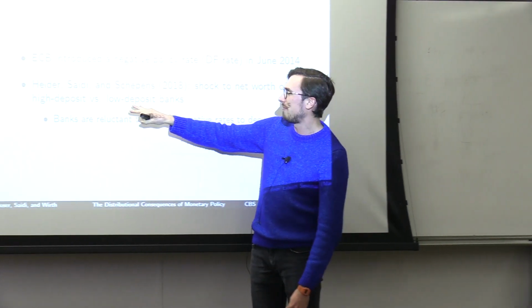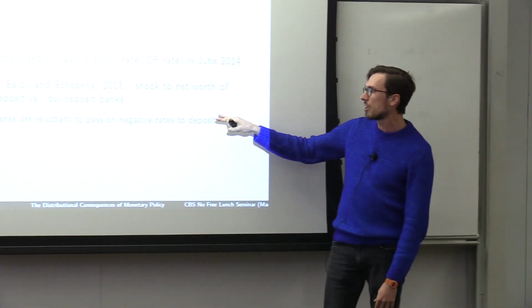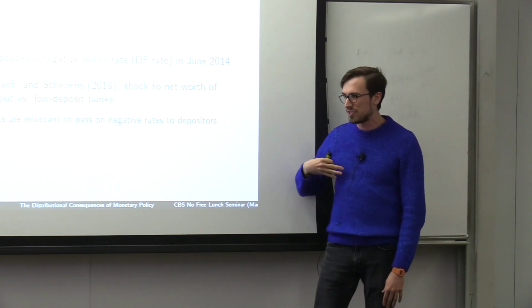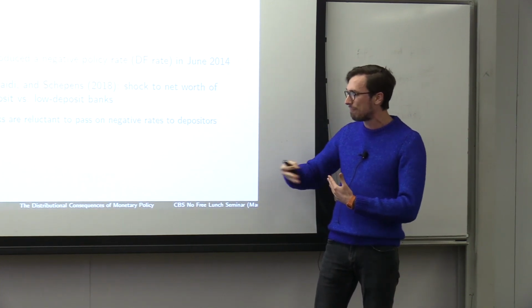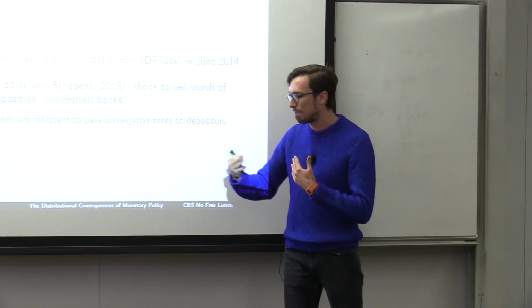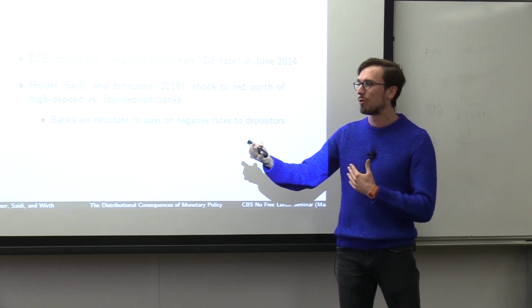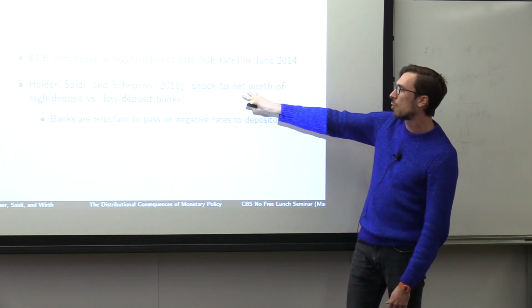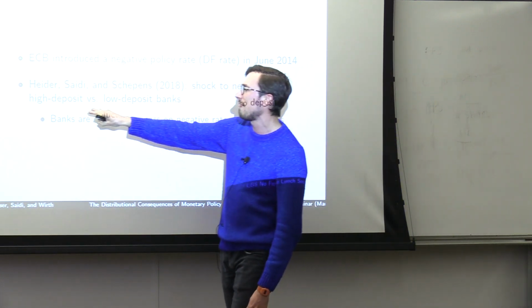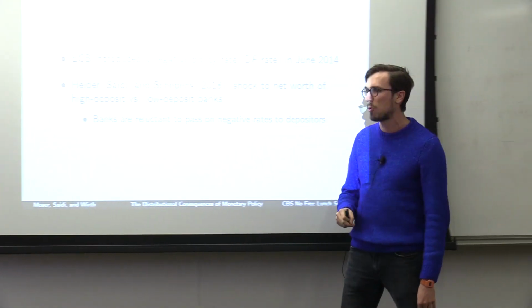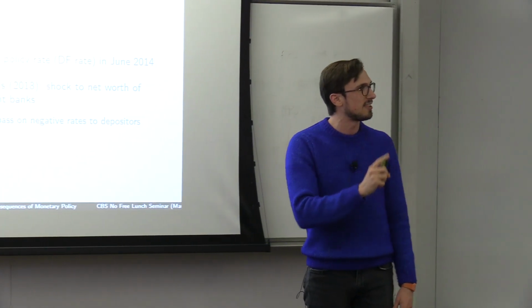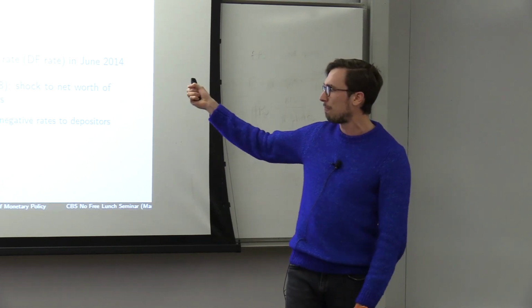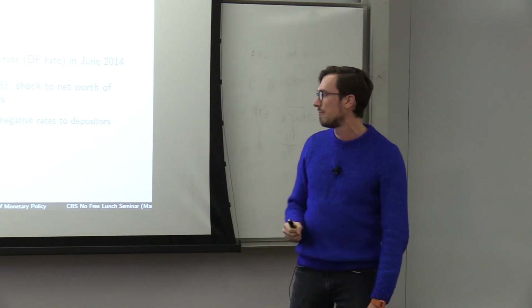And what my co-author, Farzad Saidi, has shown in previous work is that these negative rates, for banks that saw themselves stuck with having to pay these negative payments now, paying the ECB for storing money with them overnight, actually have suffered from this policy a net worth shock that primarily affected those banks most exposed to the policy, namely those that had the highest deposit rates, meaning deposit-heavy banks felt the pressure from these negative rate policies.